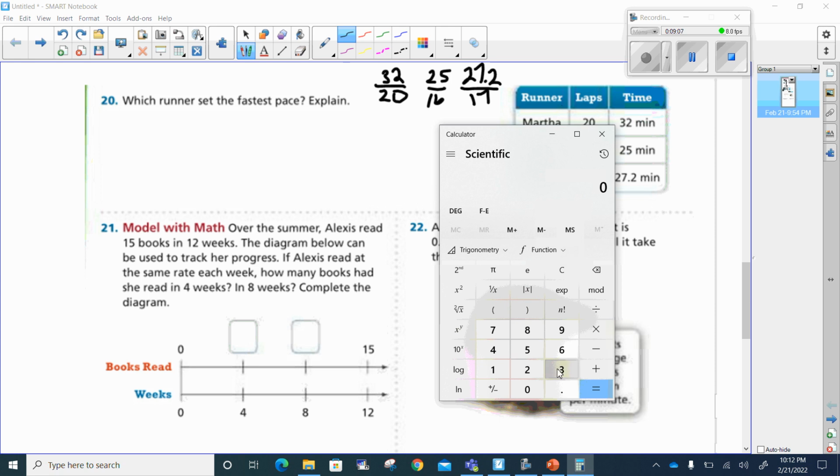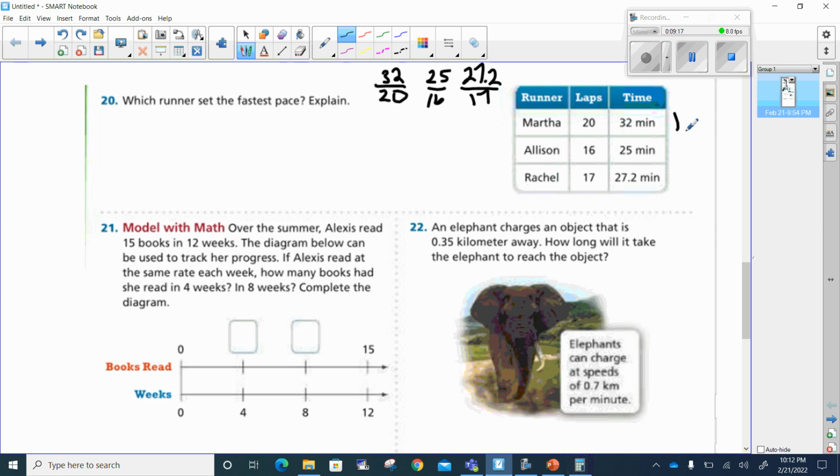Let's try it one last time. 32 divided by 20. That gives us 1.6, just like I thought. So she does 1.6 minutes per lap.